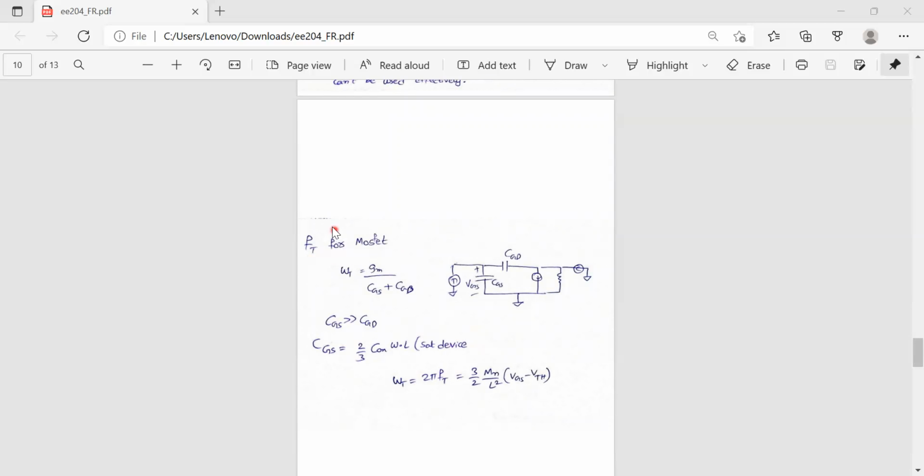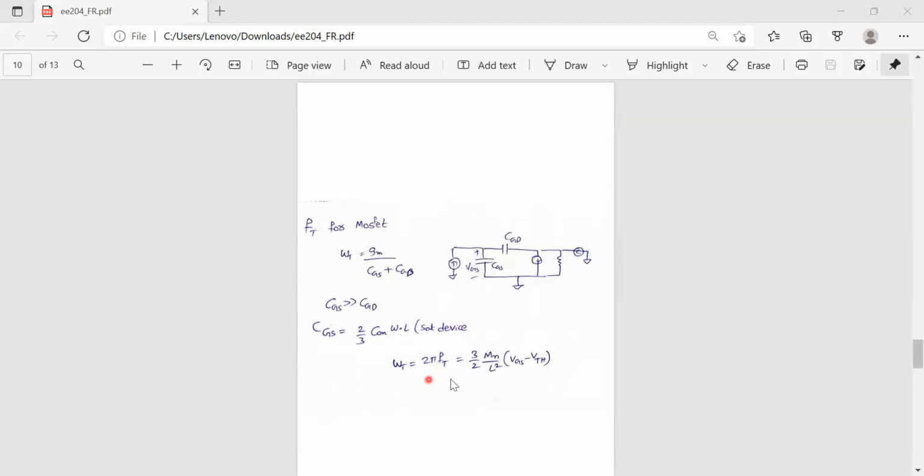We find that ft for MOSFET is equal to gm by cgs plus cgd. We can also find omega t as 3 by 2 mu n by L square times VGS minus VTH.